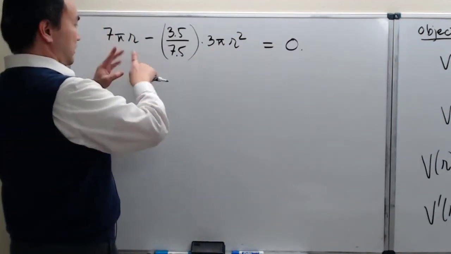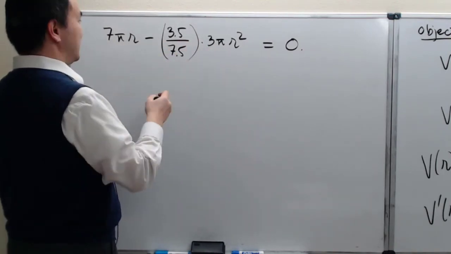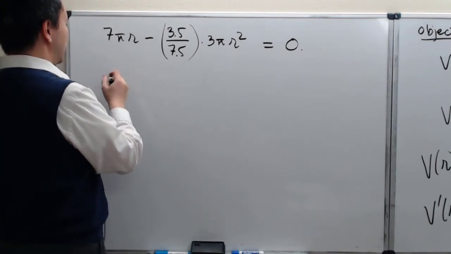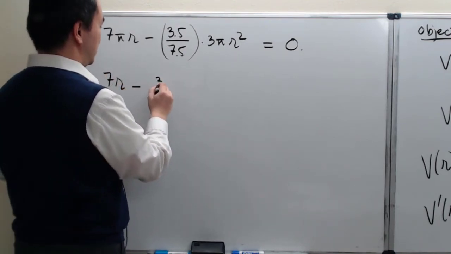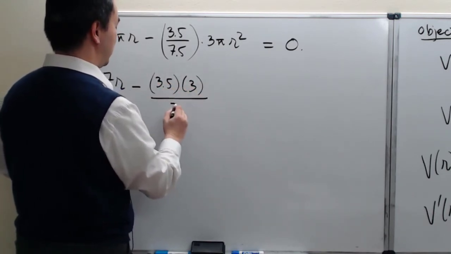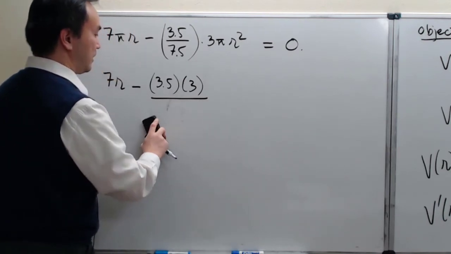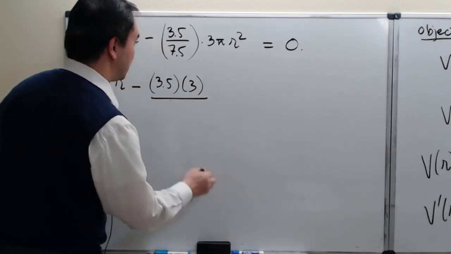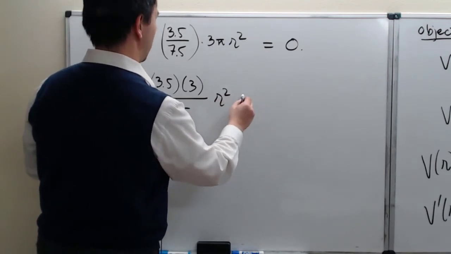Let's clear out a couple of things here. The pi can be cancelled away. So now we're looking at 7r minus 3.5 times 3 over 7.5, that is one coefficient over 7.5, times r squared equals 0.